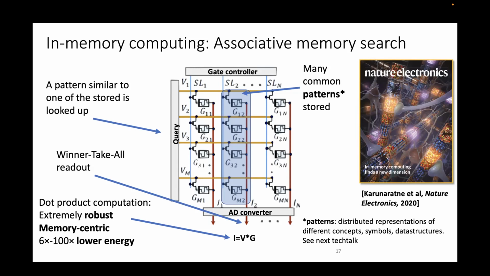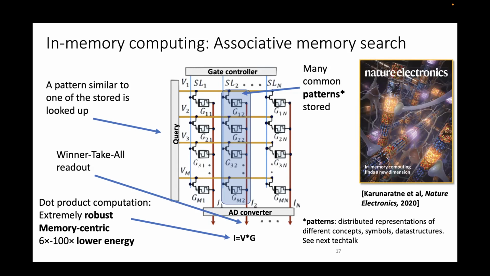Then the query, the one for which you try to find the closest match, is supplied and tested with all these vectors simultaneously. The vector that's closest to the query will manifest itself through a higher voltage at the input. So, if you want to know more about in-memory computing, this is the article to read.